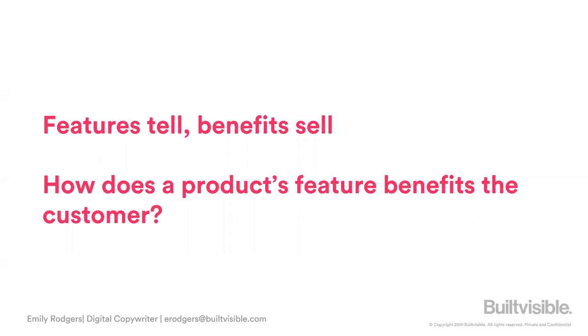So only mentioning the benefits won't sell the product. You actually need to have these in conjunction with the features. Because benefits are usually a bit more descriptive, it's quite nice to have those in the longer creative copy, and then you can have the features within the bullet points.